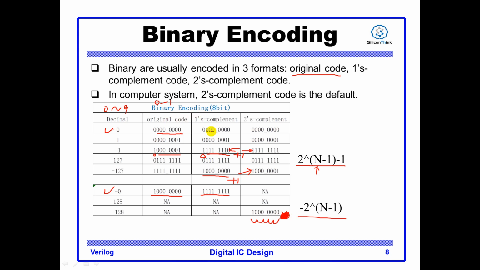For the first two encodings, the minimum number is only -127. Okay, this is the minimum value for the first two encodings, and this is the minimum value for 2's complement encoding. So you can say for different coding modes, the value range may be different. And for the first two encodings, there are two different codes for the same value, 0.